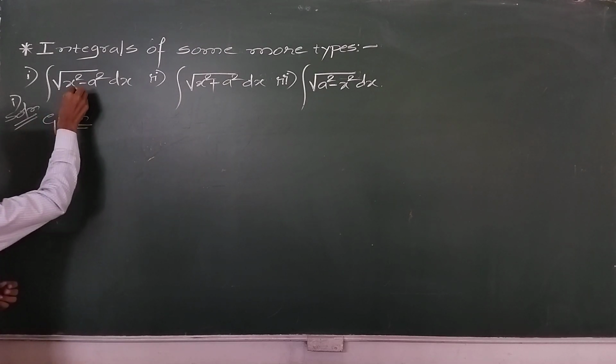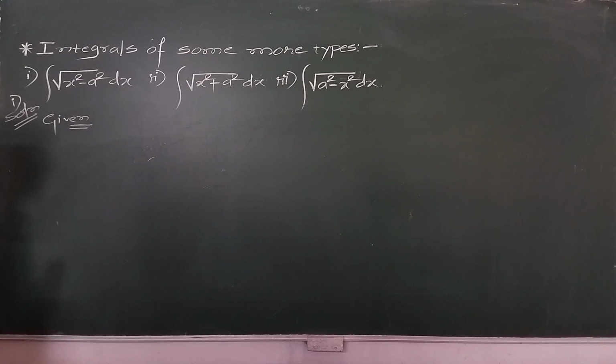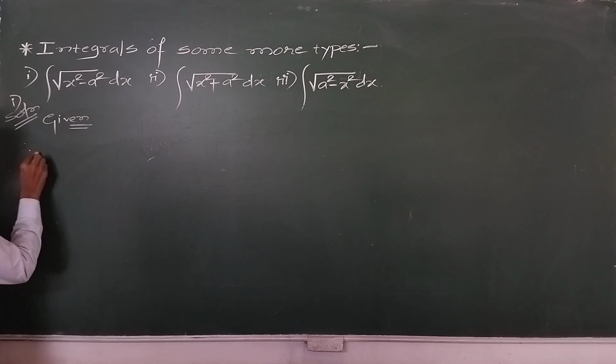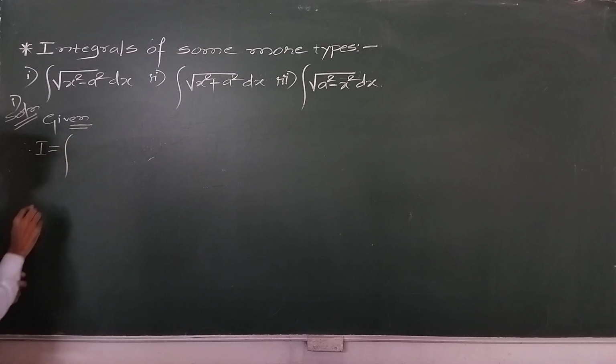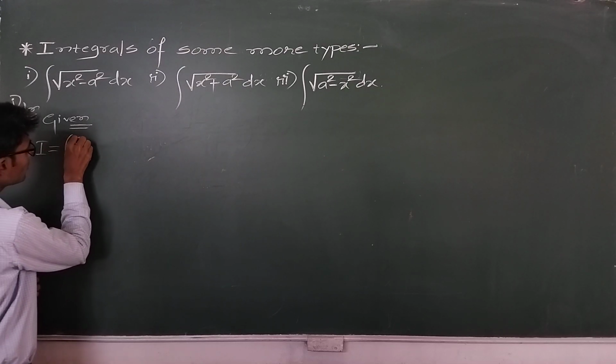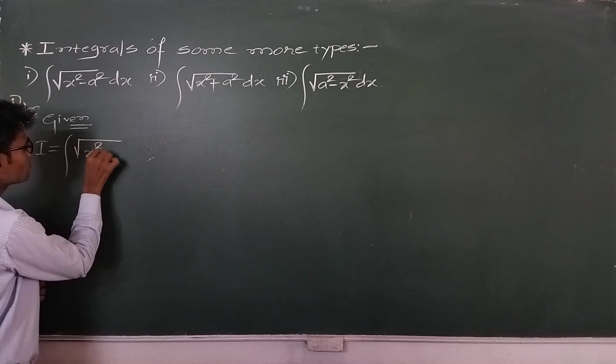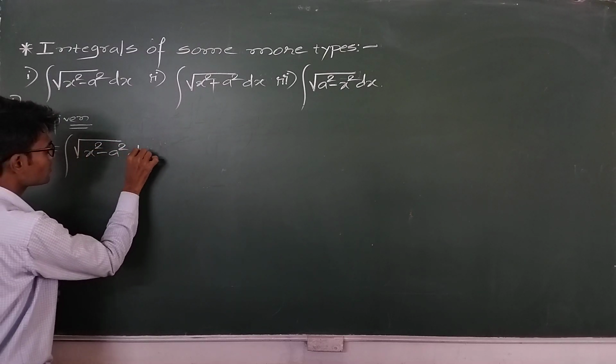For the given indefinite integral, I call it I. So I will write the value of I is equal to integration of square root of x square minus a square into dx.